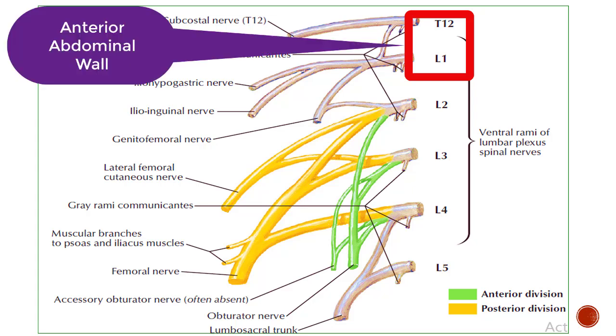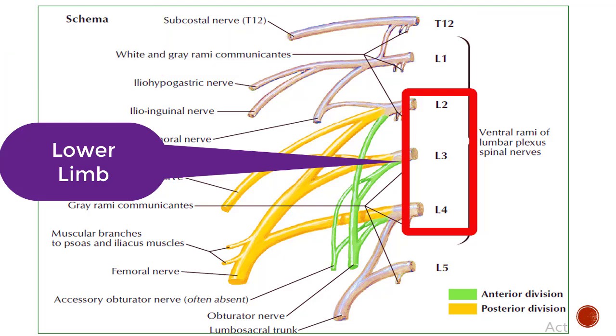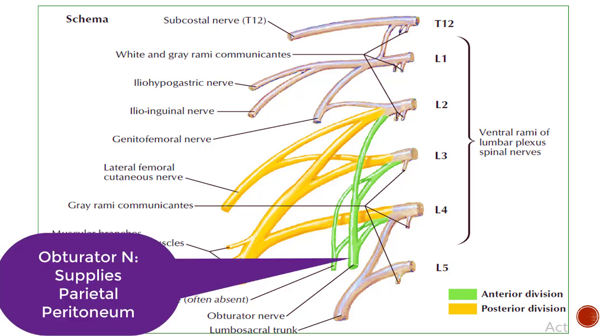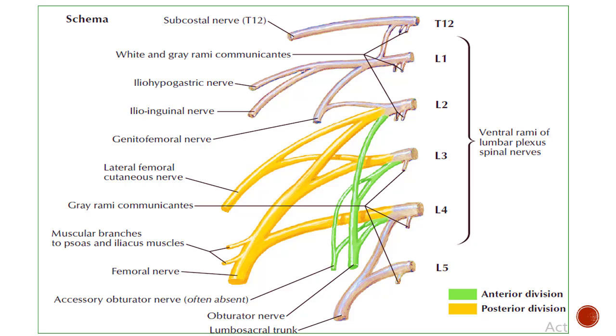Through L2, L3 and L4, it supplies the lower limb, and it also gives branches to the muscles of the posterior abdominal wall, which are the psoas and the quadratus lumborum, and we have seen it was giving segmental branches to these muscles. Obturator nerve, that is a branch of lumbar plexus, mainly supplies the parietal peritoneum that I mentioned. This is the area supplied by the lumbar plexus as well.